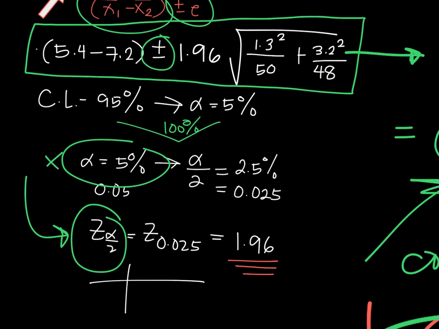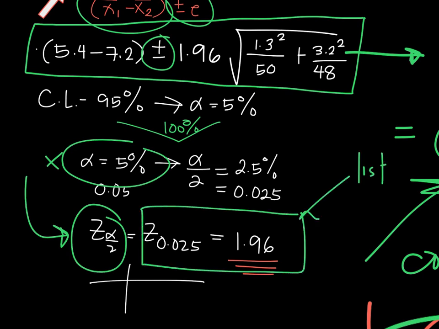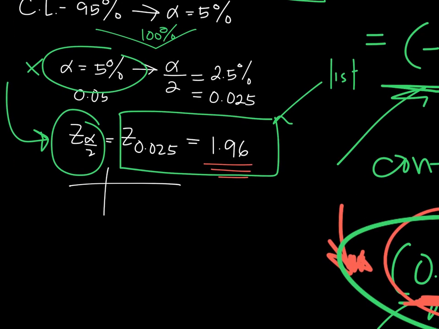If you have 5%, that's 2.5% or 0.025. Also, I emphasize that if you have a list of Z values, that would be helpful, because you don't need to trace what Z we have if we have 0.025 as a subscript. All we have to do is get that list and locate Z of 0.025, whatever the number listed there, that's the Z that we need.